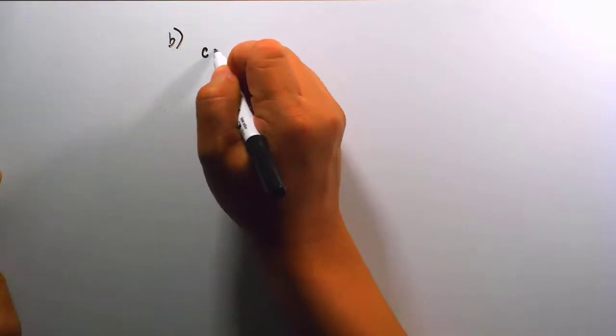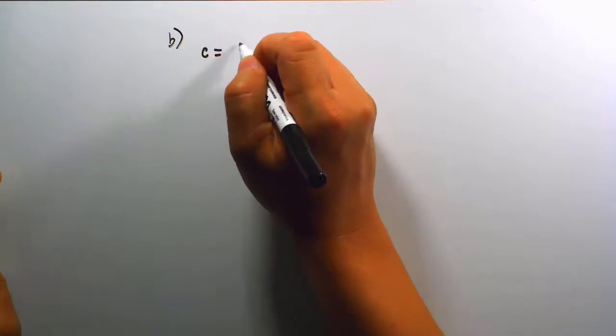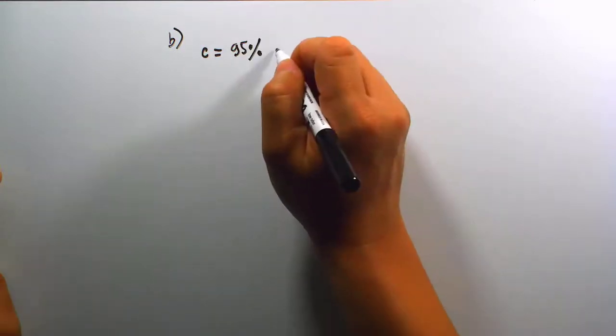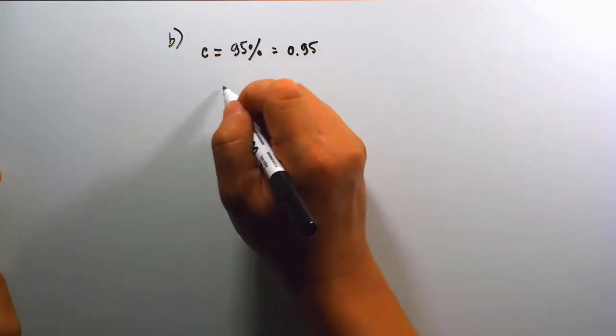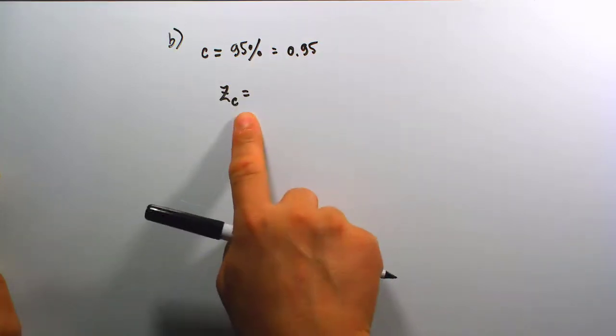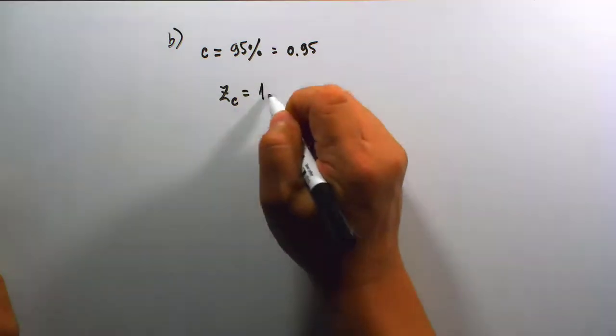And now let's look at the confidence level in problem B that we've already finished of example 1. It was a 95% confidence level, or in decimal 0.95. The z sub c that we calculated there in part B was 1.96.